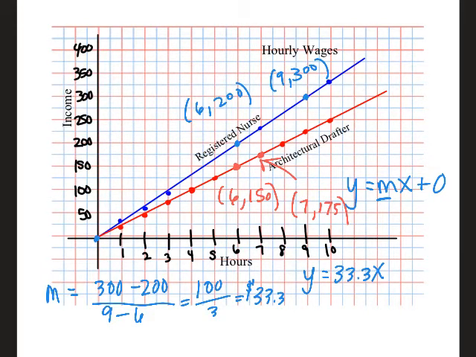All right, so our slope equals 175 minus 150 over 7 minus 6. That's $25 an hour. So their equation is y equals 25x. All right, so that was a lot easier because the intercept was at 0, 0. It would be harder if it was not at 0, 0, and then we'd have to take a point and the slope and use point slope form.